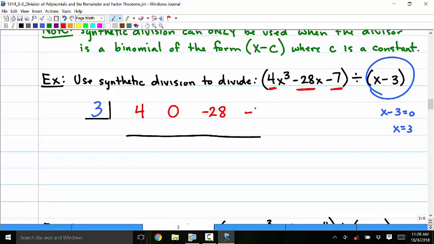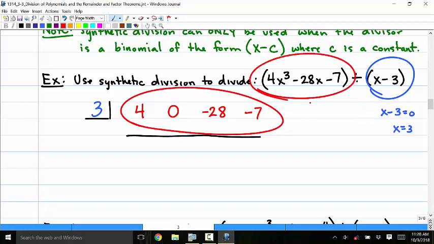So negative 7. So that's how you've set everything up. The number in the half box comes from the divisor, set it equal to 0, solve for x. Then you put the coefficients from your big polynomial. You have to have zeros as placeholders if there's no x to that power.